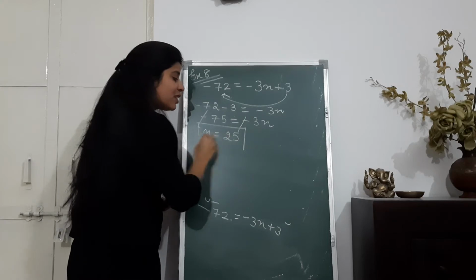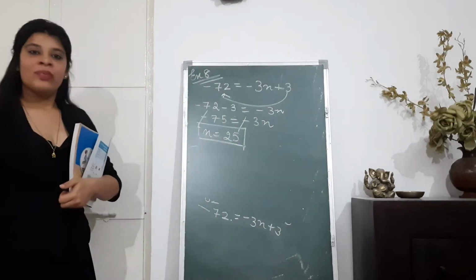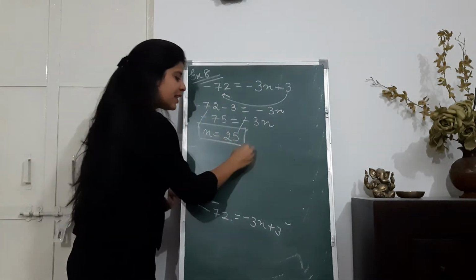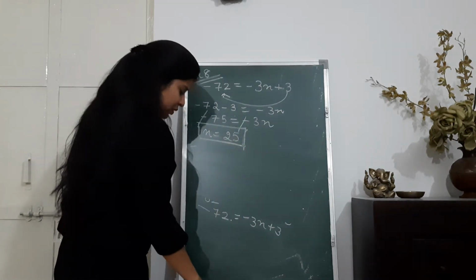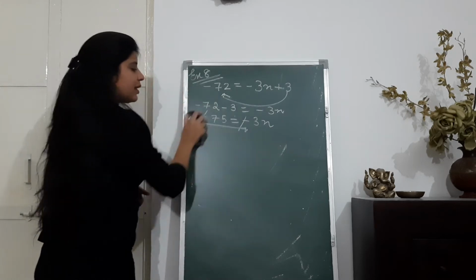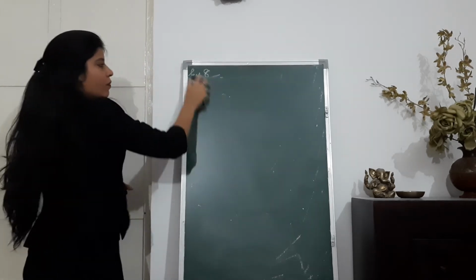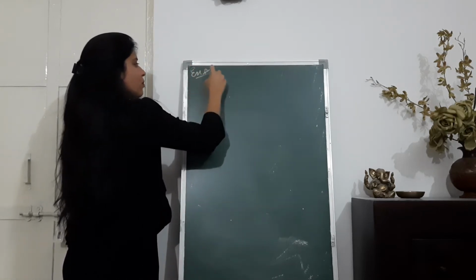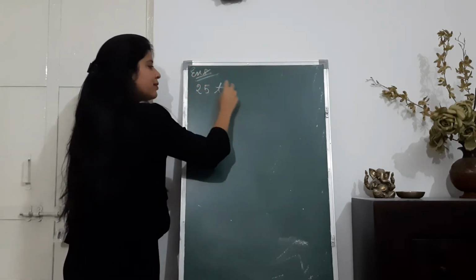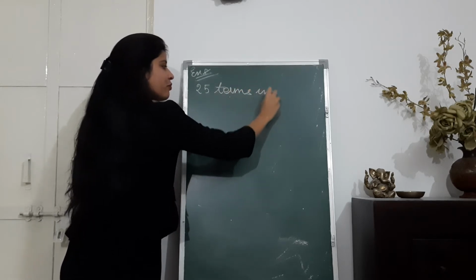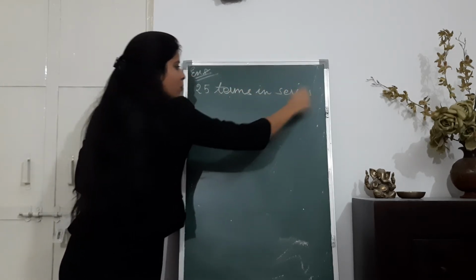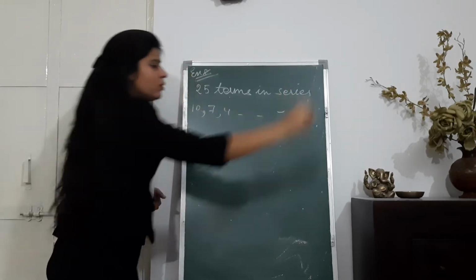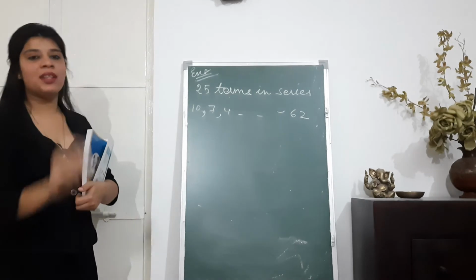So how many terms are there in this series? 25 terms. The series is 10, 7, 4 till minus 62, and you have to find the 11th last term.